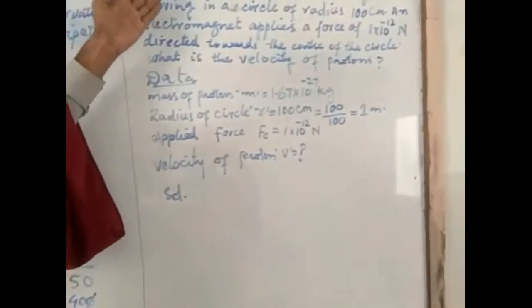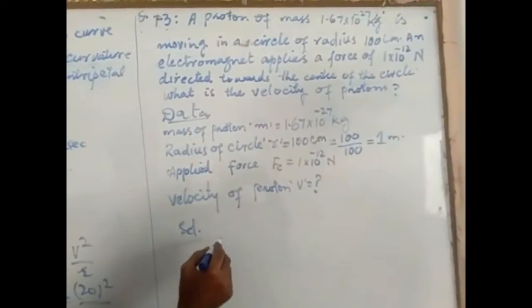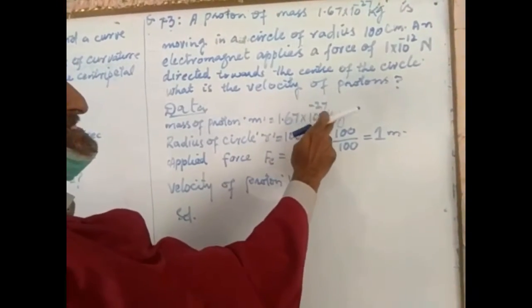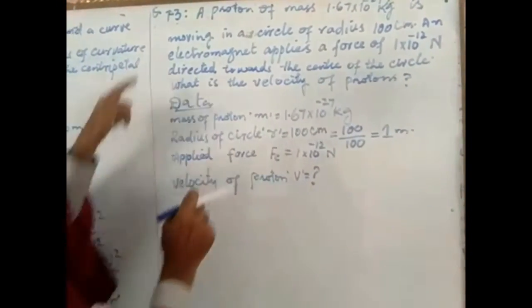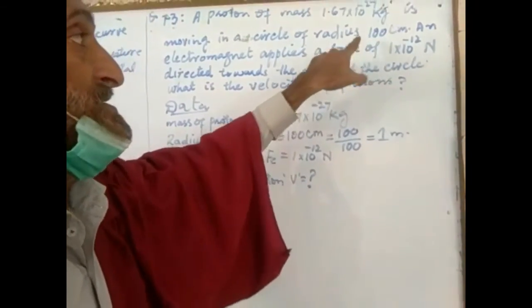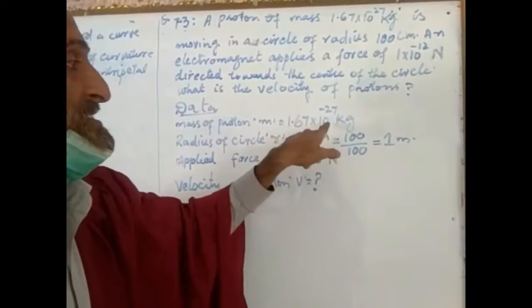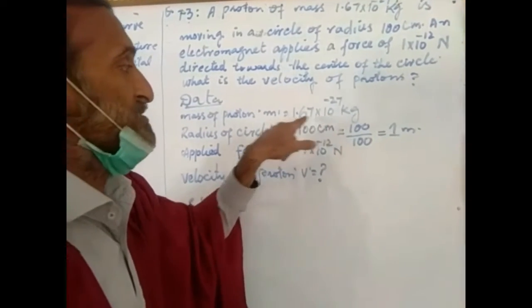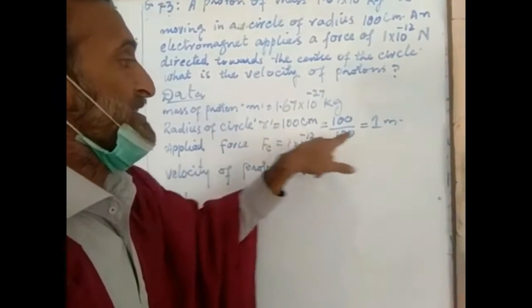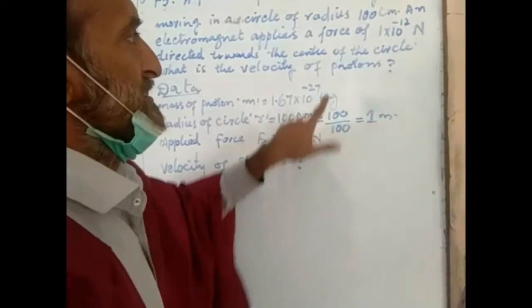Now the next question. A proton of mass 1.67 into 10 power minus 27 kg is moving in a circle of radius 100 centimeter. That will be taken into meter because of the SI system. In SI system, the unit of mass is kg, then the unit of length or radius will be taken in meter.